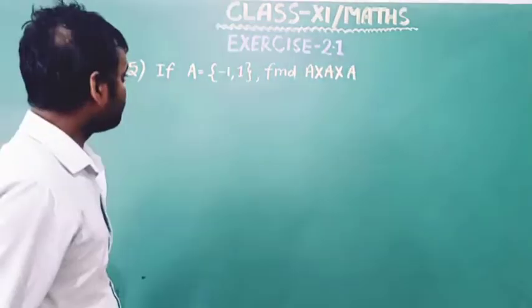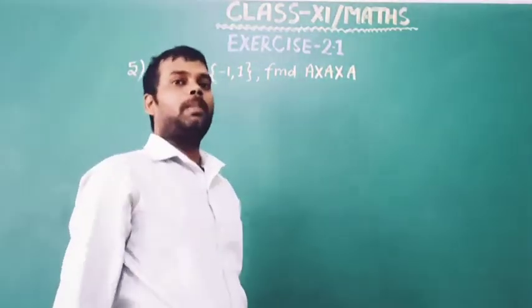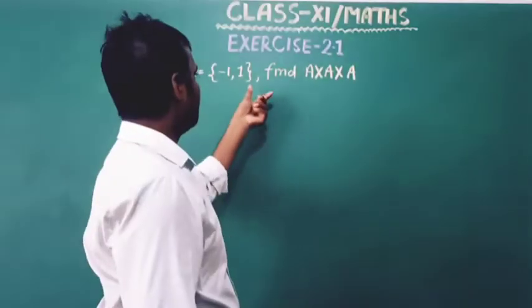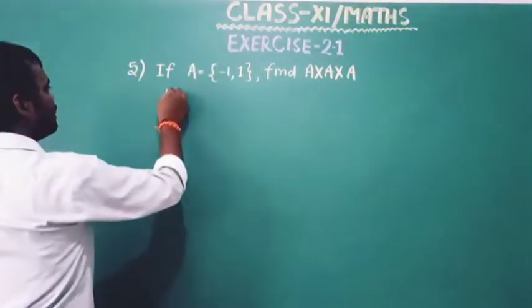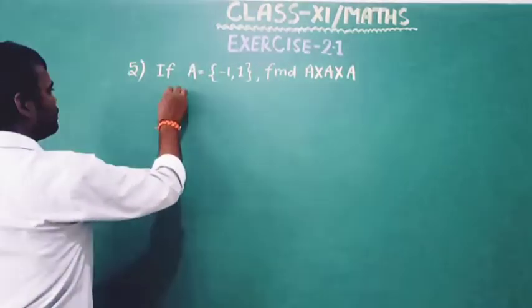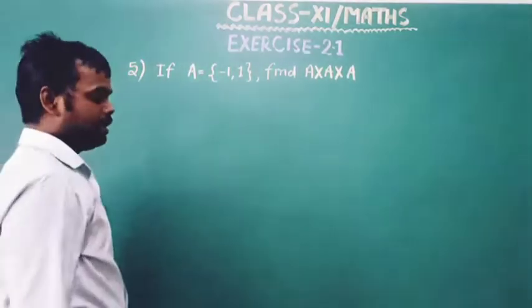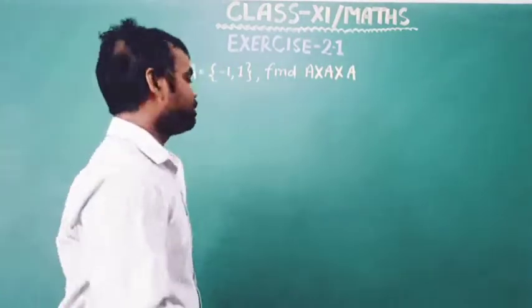As we know, what is a Cartesian product of three sets? Suppose A, B and C are three sets.